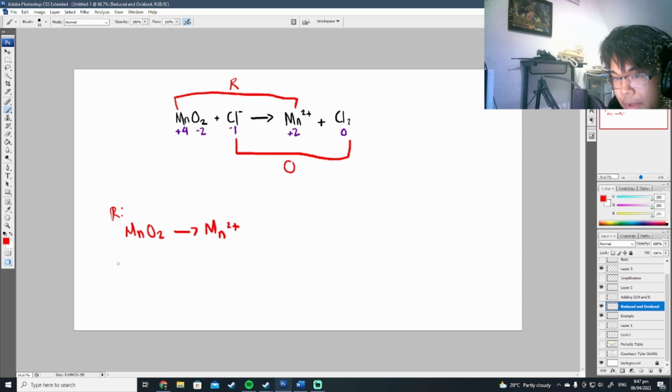And O is for oxidized, Cl- and Cl2. And that is our reduced and oxidized half reactions. These are called half reactions, by the way. So let's move on.